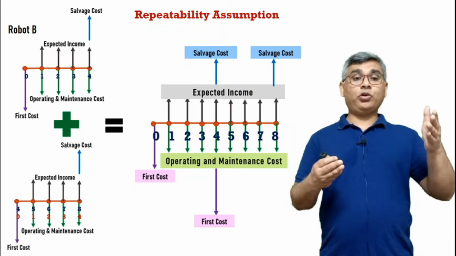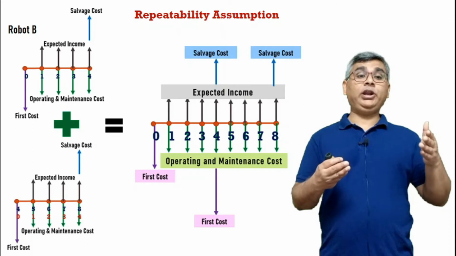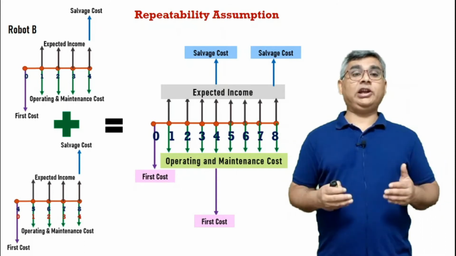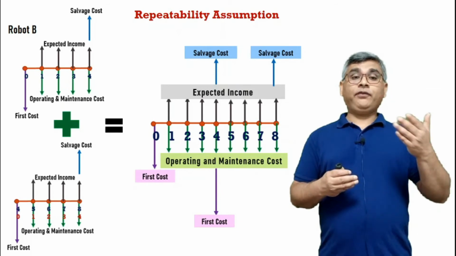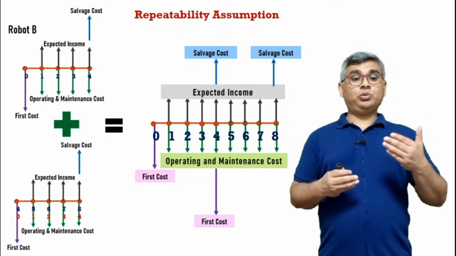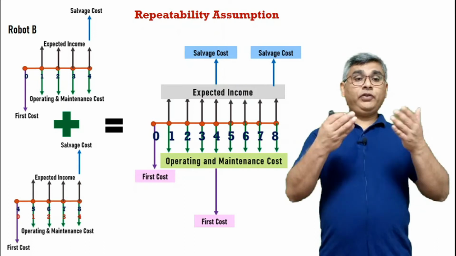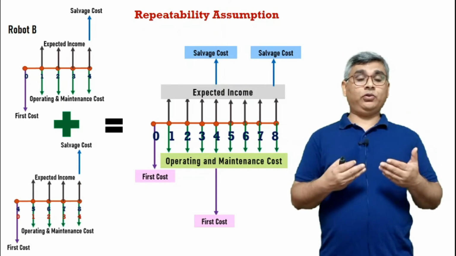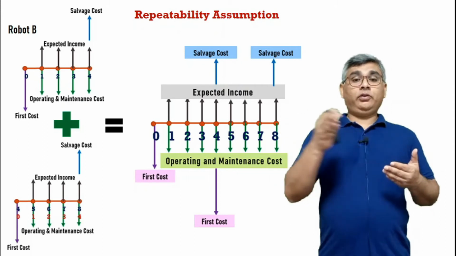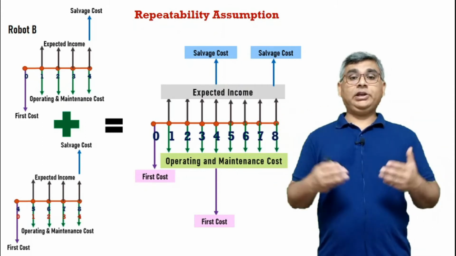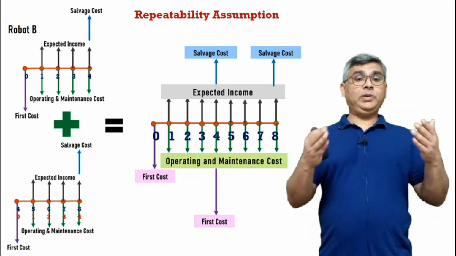Year 4 is nothing but the initial point if we are just focusing on the second cash flow. That is, 4 corresponds to 0, 5 corresponds to 1, 6 corresponds to 2, and so on. So if we add these two cash flow diagrams, we will have a cash flow with an economic life of 8 years. Of course, the first cost will appear 2 times.